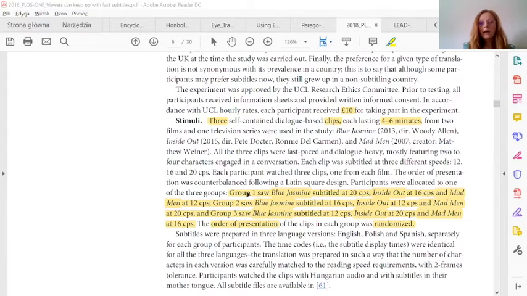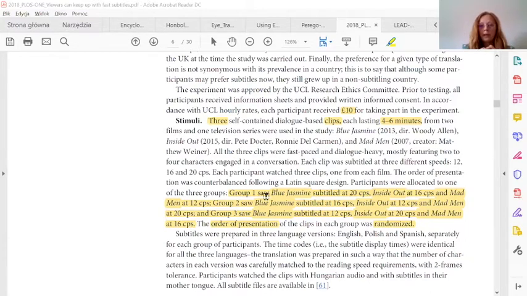Important for me, how these different variables were divided into conditions. So here I know that because there were 3 groups of participants, each one saw a different combination of film plus subtitling speed.